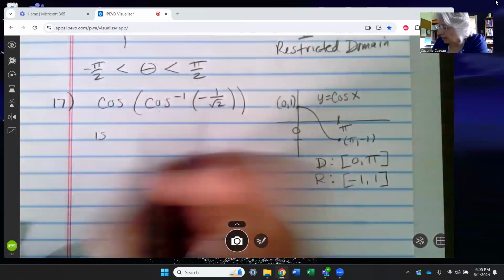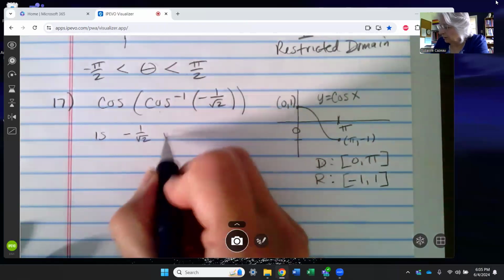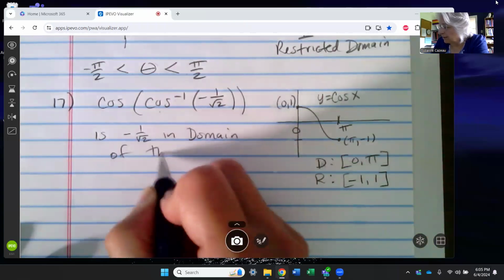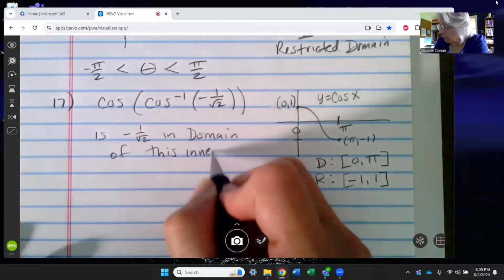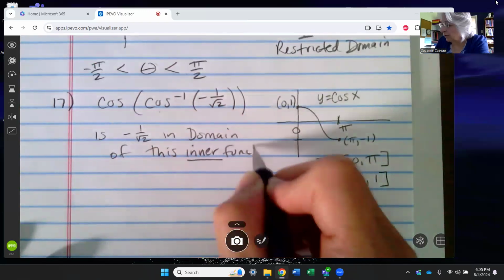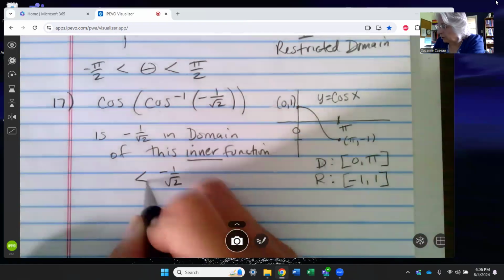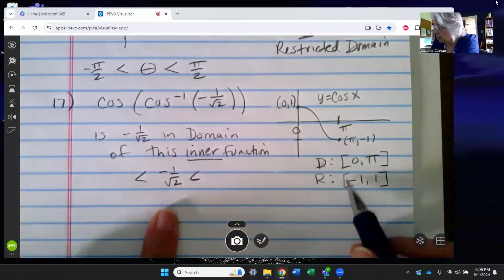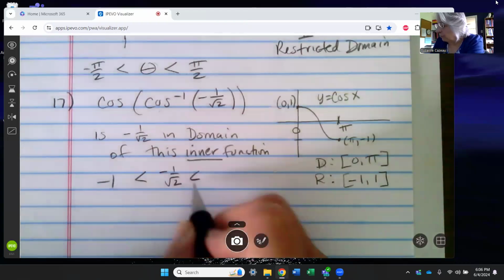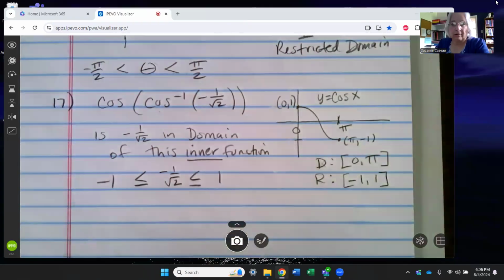You're always looking at the inner function when you're answering this question. Is it in this domain? The domain is going to be the range of this function, so negative 1 to 1. Is it in there?